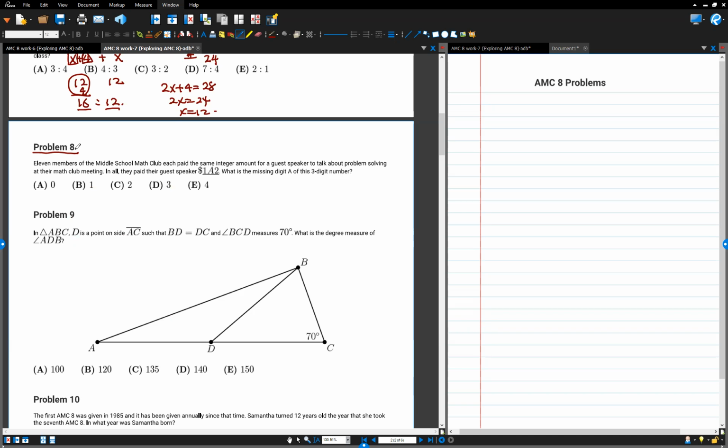The guest speaker was paid $182. So what is missing is the A of the 3-digit number. They said 11 members. D, 3.